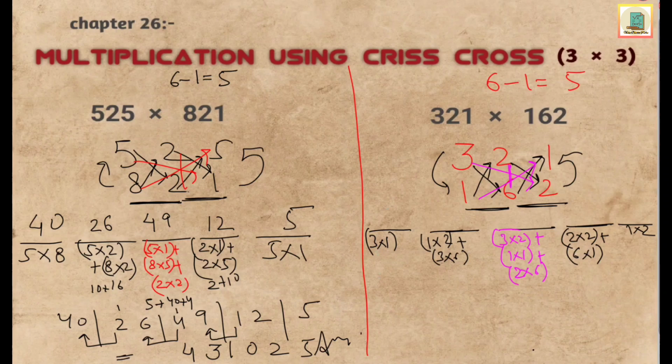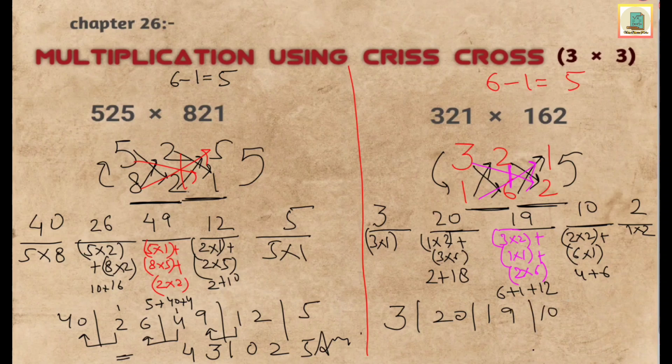So here in the first partition we get 3, in the last partition we get 2, in the second partition 2 plus 18 we get 20, and in the fourth partition 4 plus 6 we get 10. And now let's solve the third partition. So we get 6 plus 1 plus 12, so we get 19 over here. Now let's arrange the numbers, that are 3, 20, 19, 10 and 2.